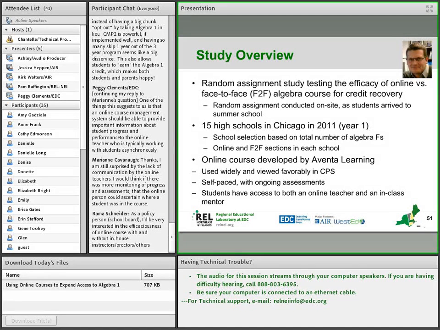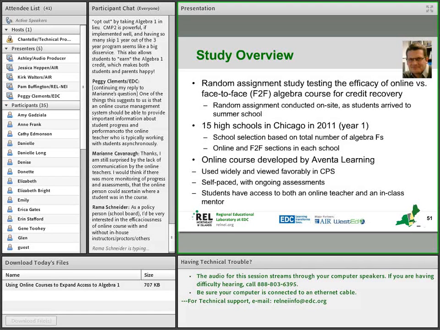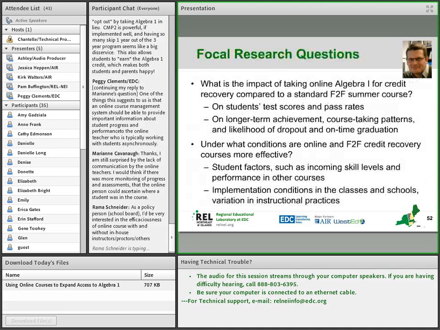They had different criteria for picking which teachers, but the schools decided that. So we had student level random assignment. There's a later slide that talks about how that random assignment was pulled off, which I'll get to in a minute.